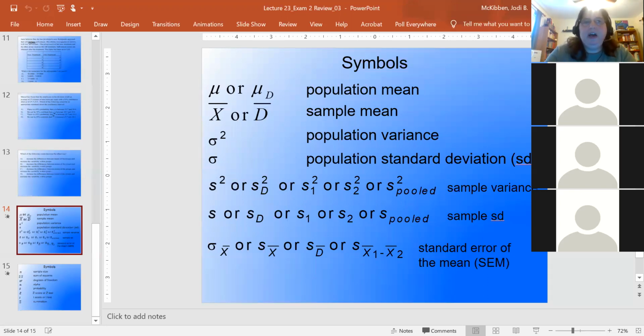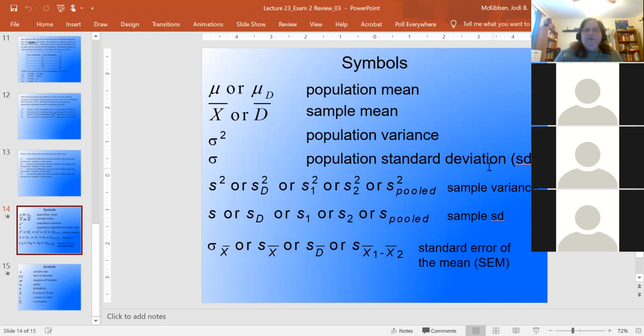So when we talk about population mean, mu, it's everybody. That's the average, the typical, the known mean for everybody. The sample mean, the X bar or D bar, is just the mean for our sample.